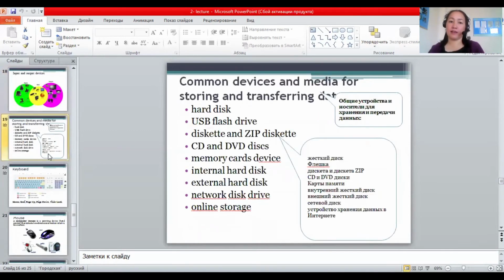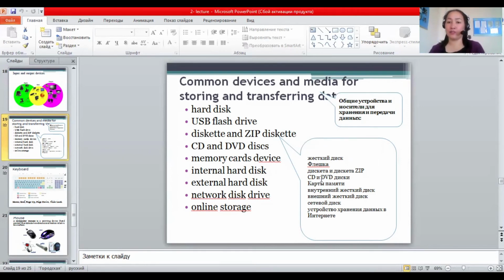And the next slide, common devices and media for storing data: hard disk, flash drive, zip disk, CD and DVD disks, memory card devices, external hard disk, network disk drive, online storage. Okay, I write a comment in the little square.